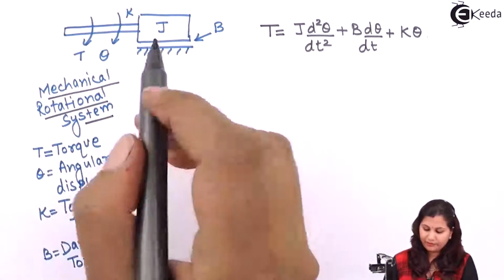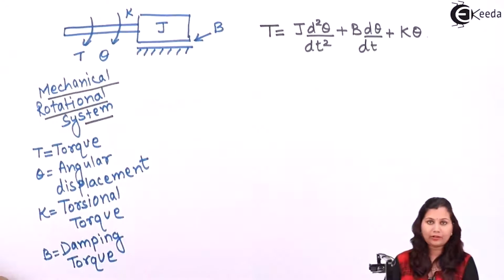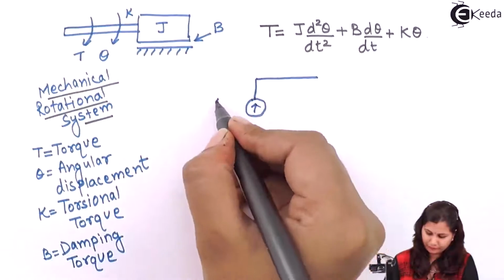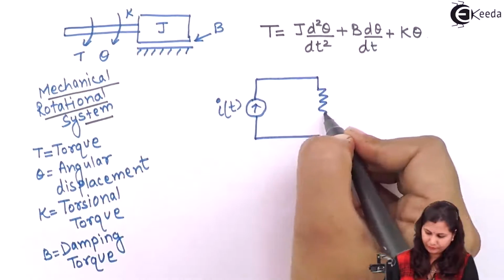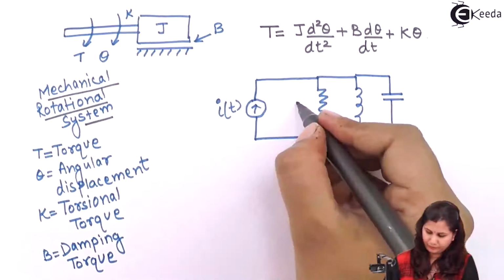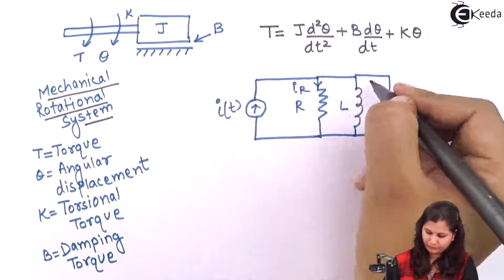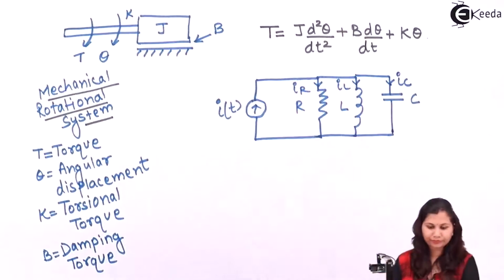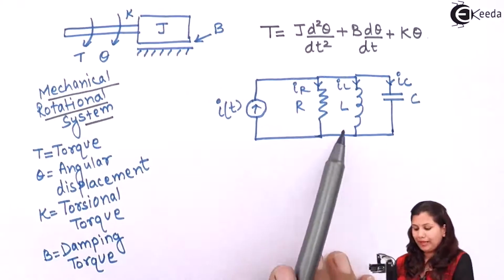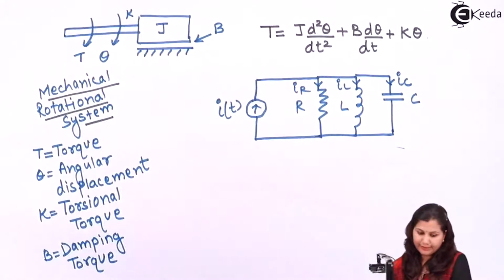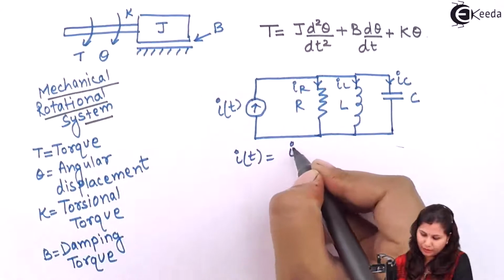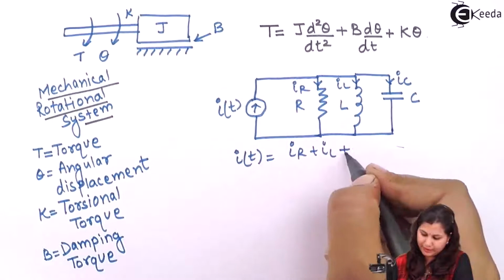Okay. Now if we draw its electrical analogous system, we will have this electrical system having this parallel combination of RLC, and if we write the equation for it, we will get IT equals IR plus IL plus IC.